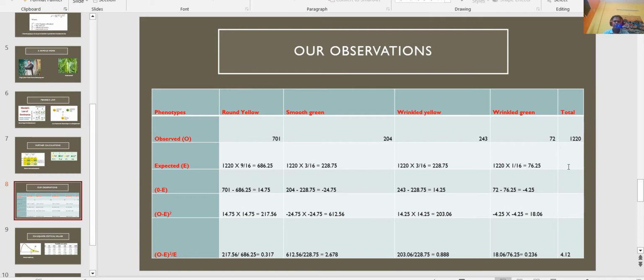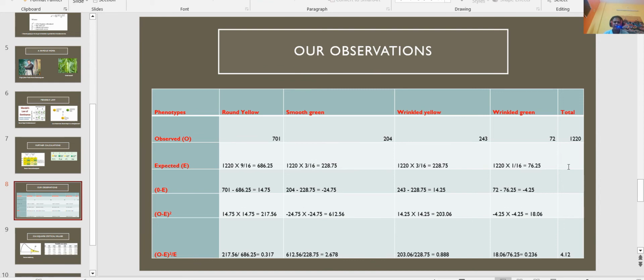So the expected value, out of 1220 seeds, 9 by 16 will be 686.25 for the round yellow. Similarly, for smooth green, it will be 1220 into 3 by 16, that is 228.75. For wrinkled yellow, the same ratio, 228.75, and for wrinkled green it will be 1220 into 1 by 16, that is 76.25. These are the expected values.